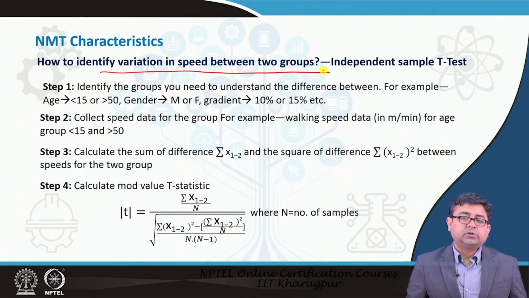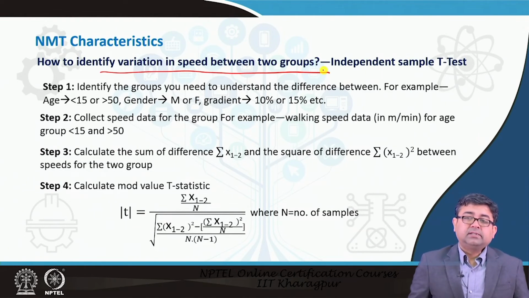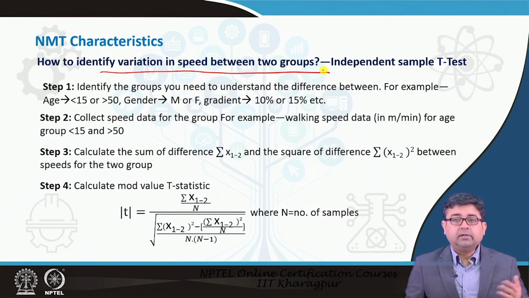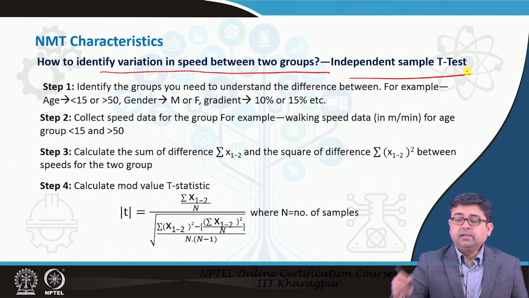Many times the speeds are so close to each other that you feel there does not seem to be any significant difference, but statistically you are always required to check whether those speeds are different or not. So, the statistical test that we usually use is an independent sample t-test.